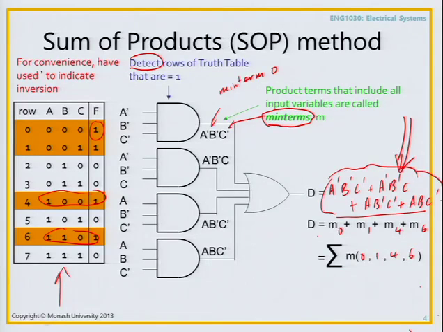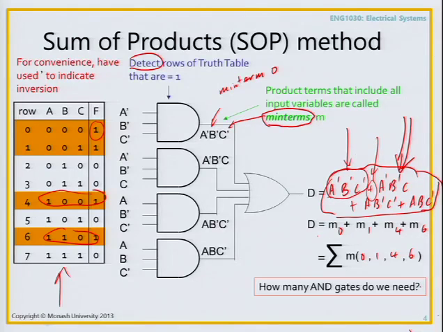Now, why is it called sum of products? Because, as the imaginative engineering name suggests, it's a sum of a number of product terms. These are all products. Okay, so it's a sum of products. So in this case, how many AND gates do we need? You need as many AND gates as you have minterms.